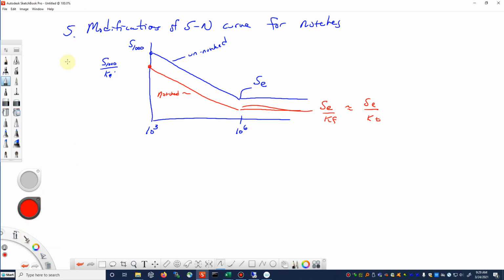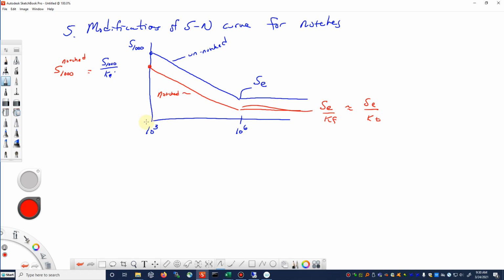So to make this clear, let me write it this way. Stress level for the notched bar at 1,000 cycles would be equal to stress level of the unnotched bar divided by some factor that I'm going to call Kf prime. You can determine Kf prime from a fatigue test and try to extract that at about 1,000 cycles.